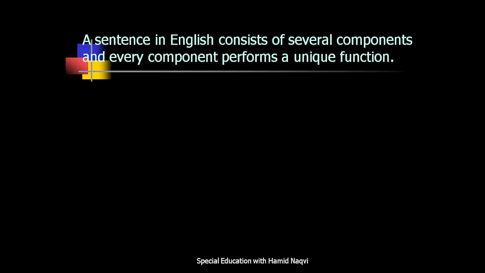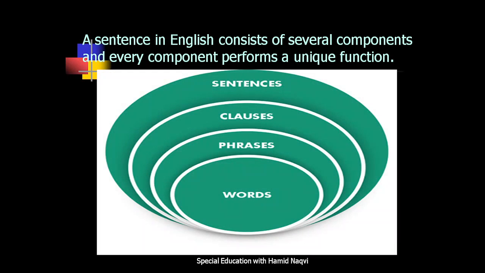A sentence in English consists of several components, and every component performs a unique function. Here it is, as we talked about it last time. A sentence has got several parts of speech. Then combining those words, we have phrases. Then we have clauses, and then we have got a sentence.